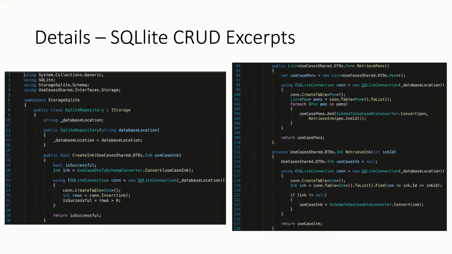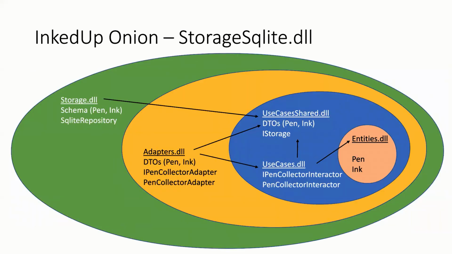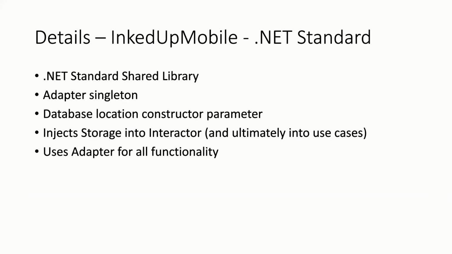It converts them into use case DTOs, and then returns those use case DTOs. And remember, it's the use case that will call this, because this is injected all the way down to the use cases. So this is where our storage component sits, and it references the use cases shared DLL. That's why that thing was segregated out. And again, the dependencies go from the outside towards the center.